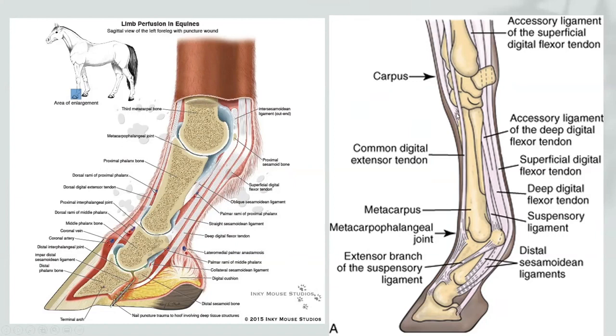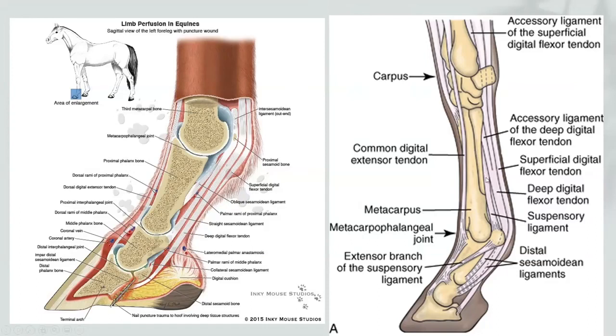So the extensor tendon, when they are standing, isn't involved in weight bearing, it's just involved in motion. Whereas everything on the back side here is going to be involved in weight bearing. So these are much more important for that standing horse, whereas this is important for that active horse.